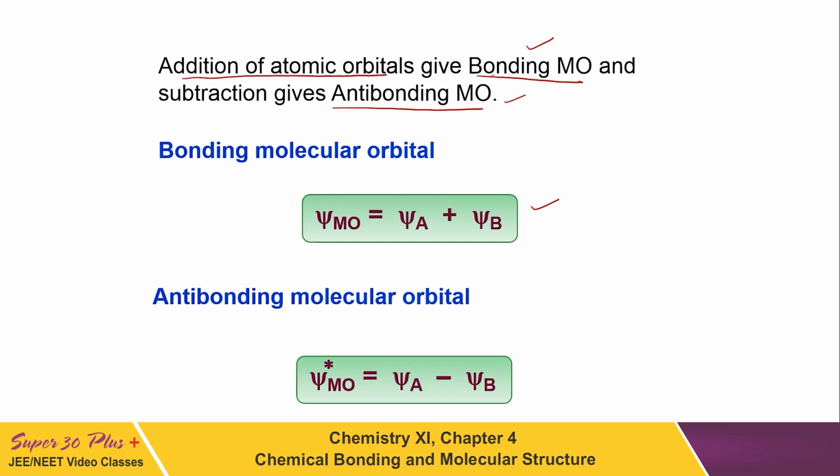If they produce ABMO, anti-bonding, the wave function will be like this. So the wave function of the bonding MO is the sum of the wave functions of A and B, and the wave function of anti-bonding, which is most of the time represented by the star sign. This star is the representation of anti-bonding.